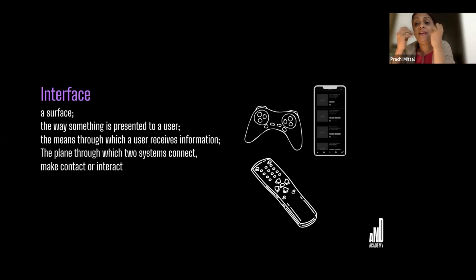I'm the one who's speaking. I'm the one who's sharing something with you visually, and you're the ones who are taking it in. The interface for us is this Zoom screen through which we are interacting, and that is the true definition of interface. Therefore, if I am operating a remote, the surface of that remote becomes my interface.